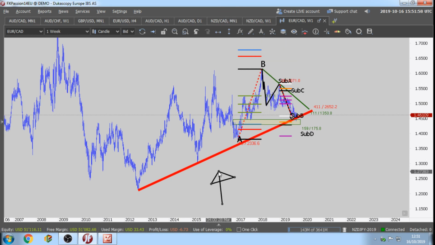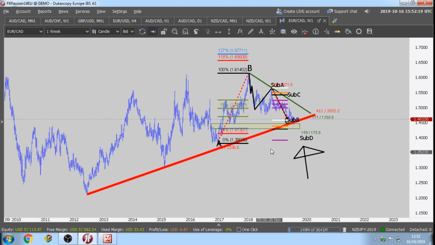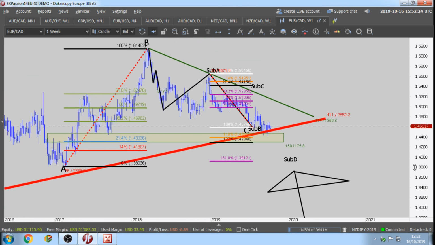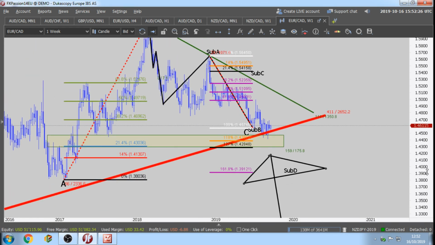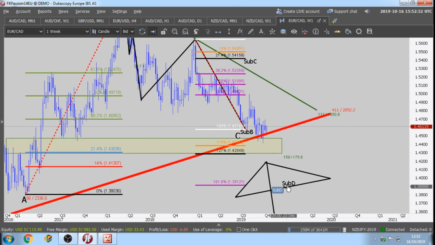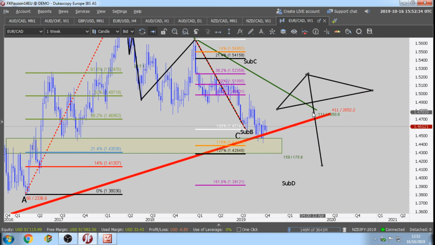You have an up Fibonacci, original one, above the long-term uptrend line, starting from 2012. So 1, 2, 3, 4, 5, 6, 7 years, and the market tried to break this long-term general uptrend line, and it didn't break. So for me as a trader, it's a signal that maybe, just maybe, this market is going to reverse up.